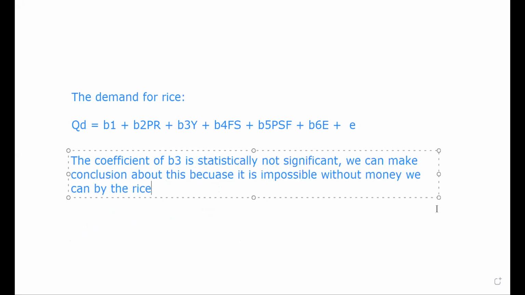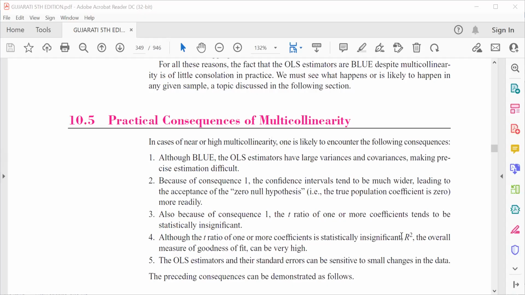But according to our estimated results, beta 3 is not significant. So we cannot conclude that income is not essential in the model, because we have very high multicollinearity. To avoid these misleading results, it is better to find more data if possible. Otherwise, we can, for example, make a pooled data or panel data model.